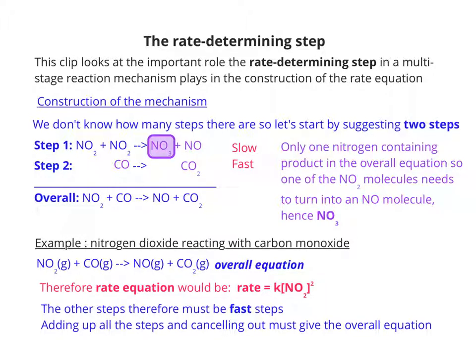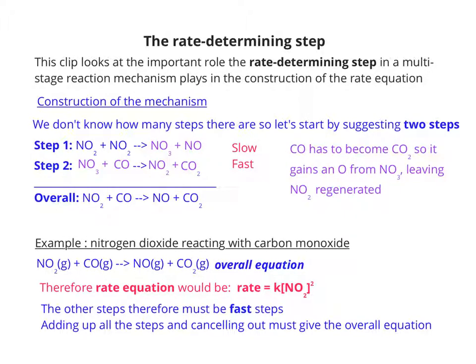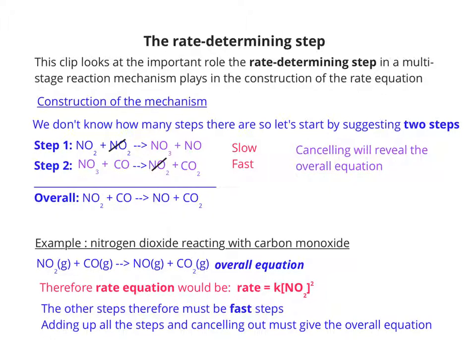Now NO3 is an unusual intermediate, and at the same time carbon monoxide has to become CO2, so the NO3 doesn't hang around for long. It loses an oxygen, gives it to the carbon monoxide to produce CO2, and that now gives us nitrogen dioxide as a product in step 2. So cancelling will start to reveal the overall equation.